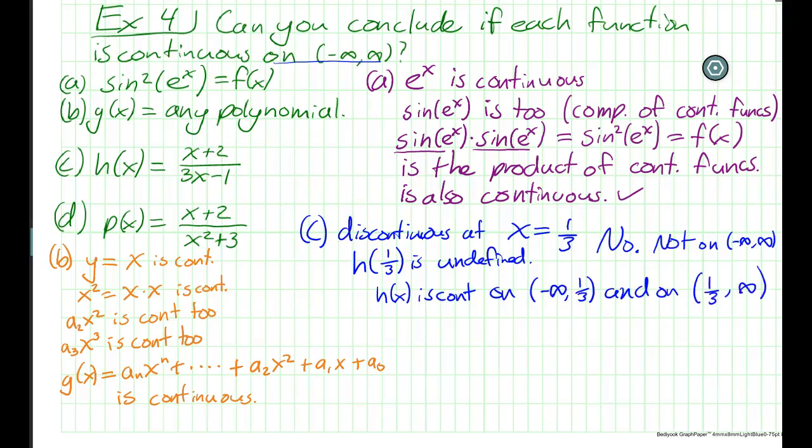So both of these are intervals that don't actually contain the thing that makes it discontinuous. So the denominator 3x minus 1 is non-zero for all of these values of x.